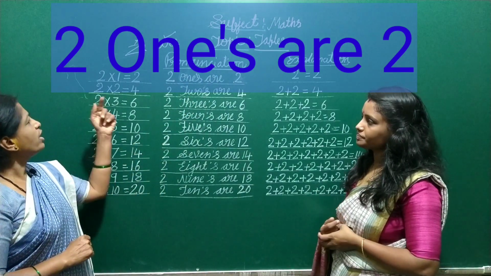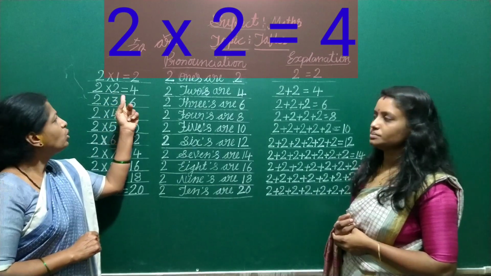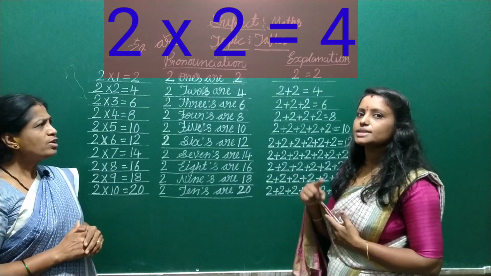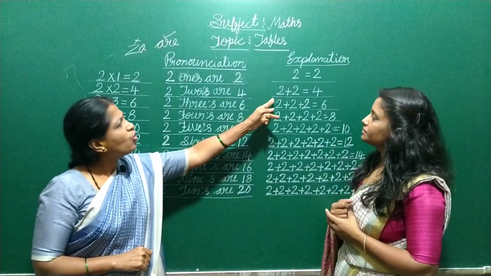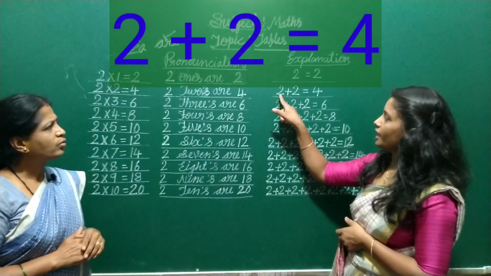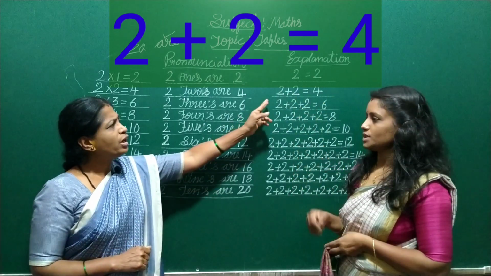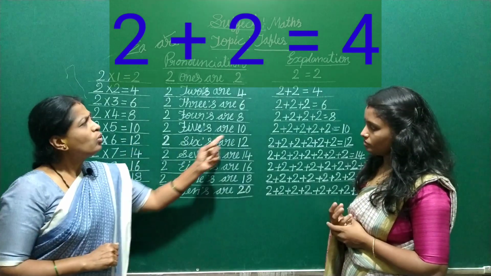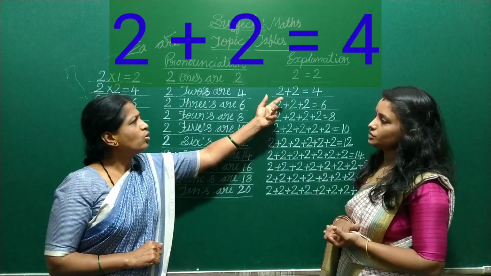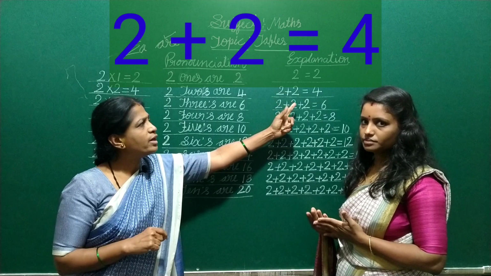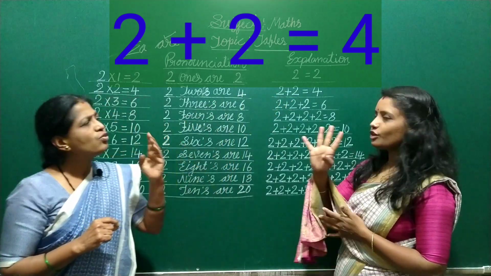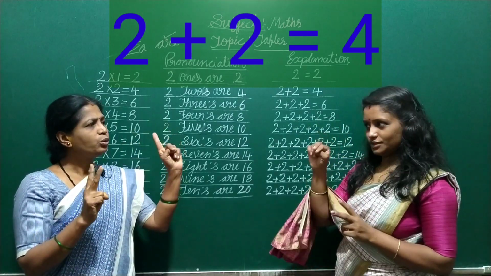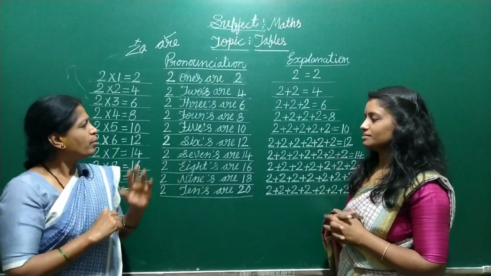Now next, 2 into 2 equals 4. Here, how many 2's are there? Two times 2's are there. 2 plus 2, how much will you get? 4.